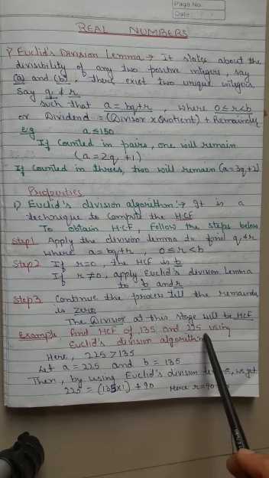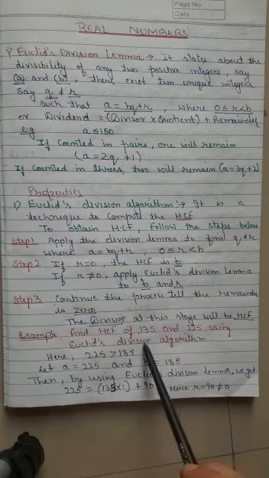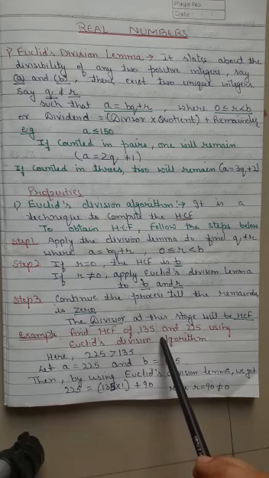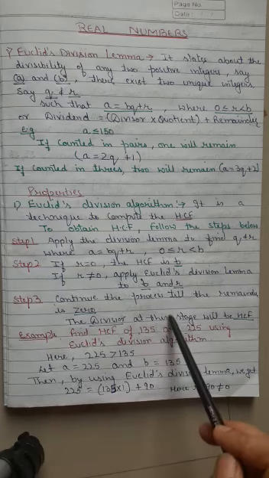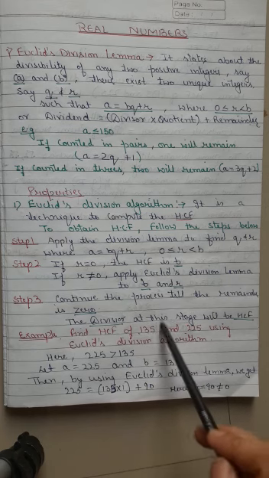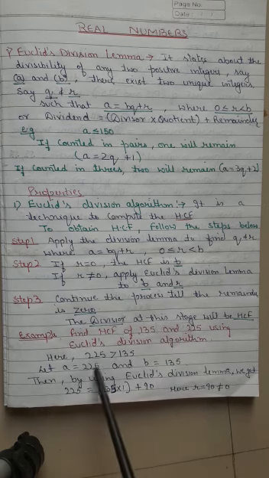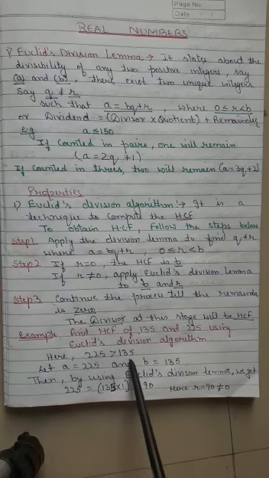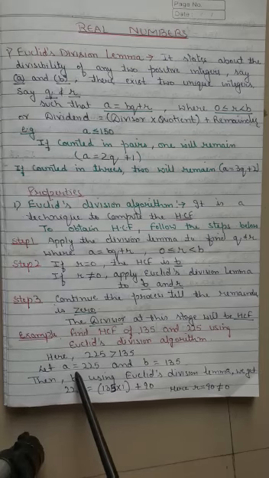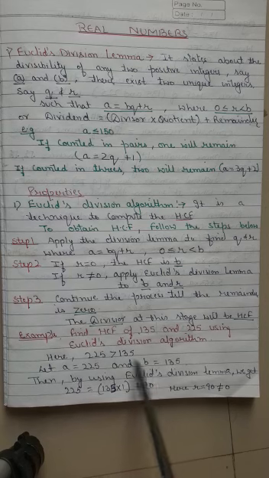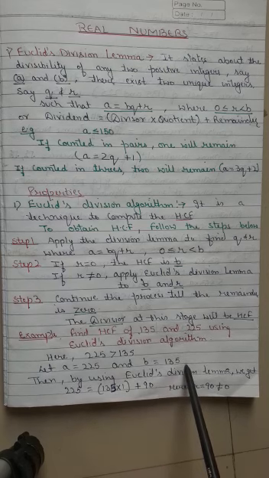So 225 is our a and 135 is our divisor b. 225 is greater than 135, so a = 225 and b = 135.